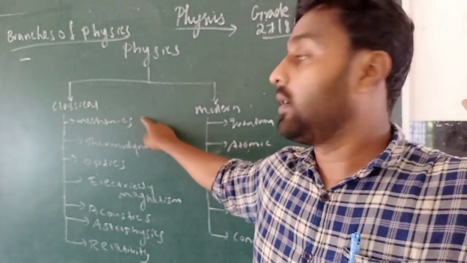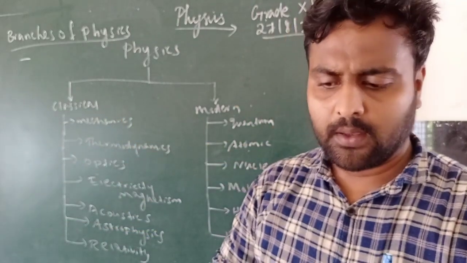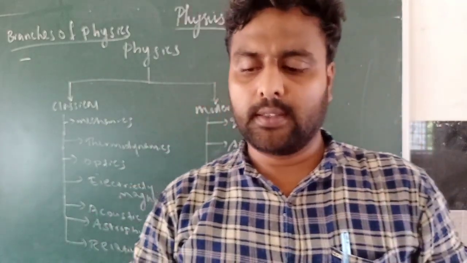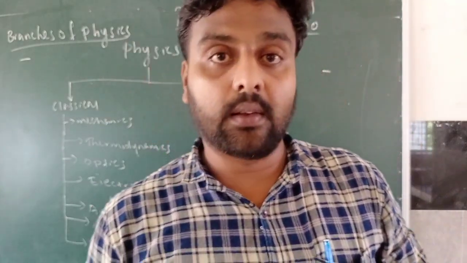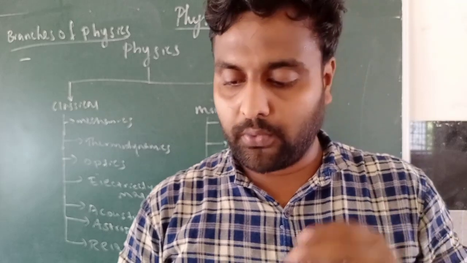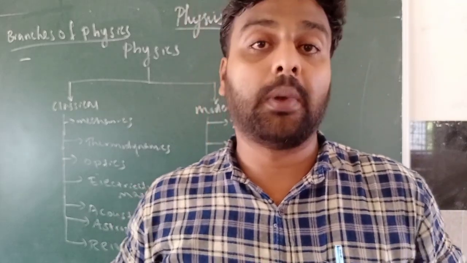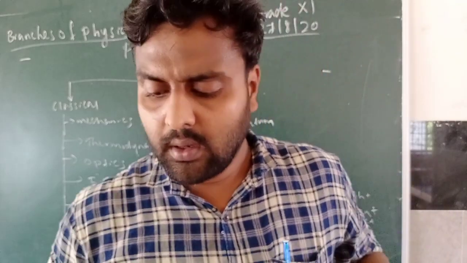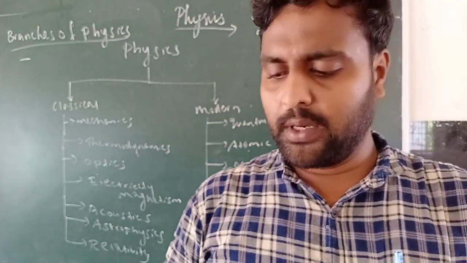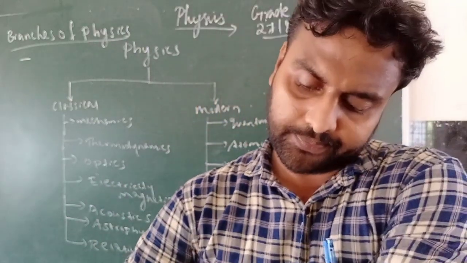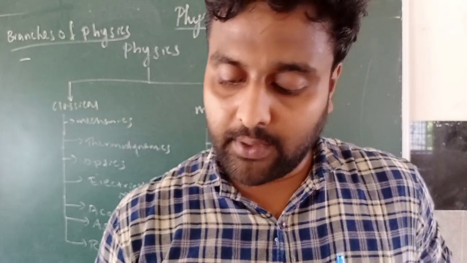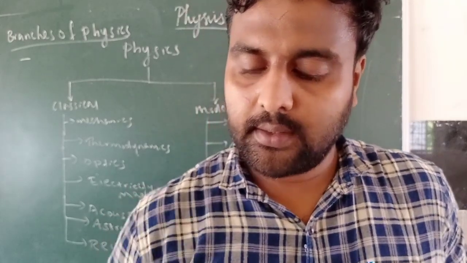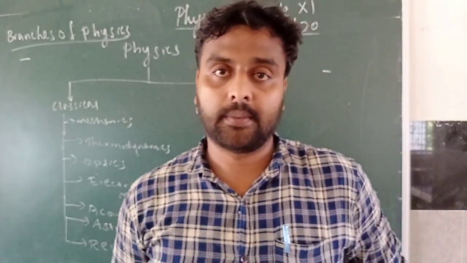First one, classical mechanics. You can take the textbook, page number 4. You can see Table 1.1. There, all the branches are given, and the first one is classical mechanics.